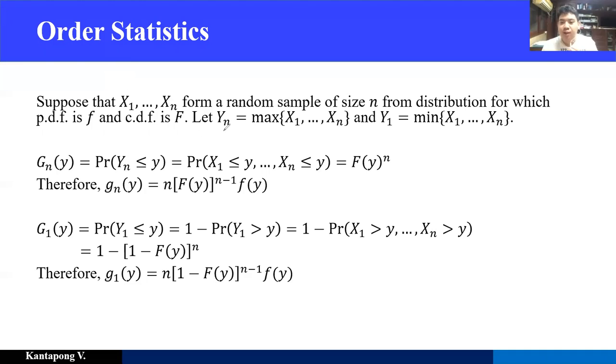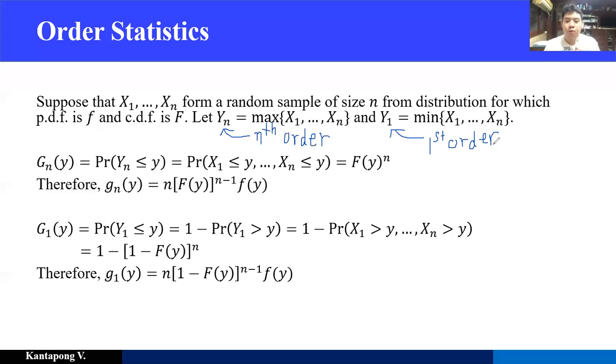The maximum is a function of the random variables. The minimum is a function of the random variables also. So the subscript n here is the nth order, that is the max. And the subscript 1 here is the first order. This is the min.